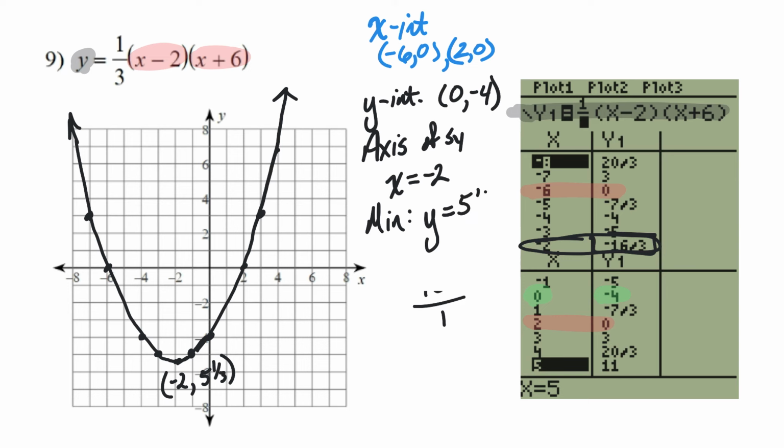So our minimum value is going to be -5 1/3. Forgot my negative sign down there as well. Excuse me. We have our graph that's opening upward.